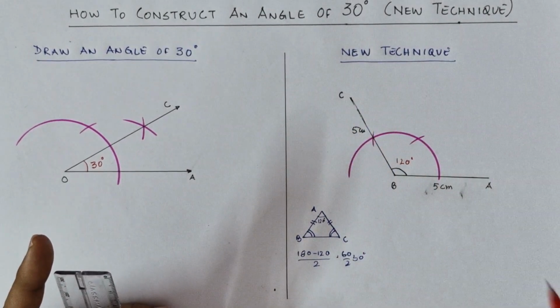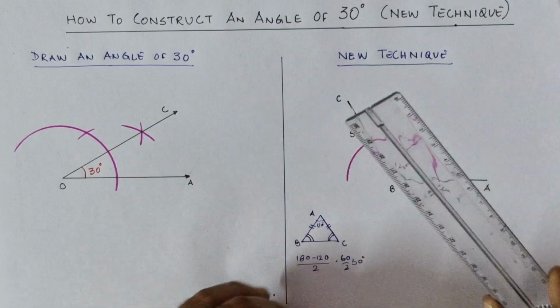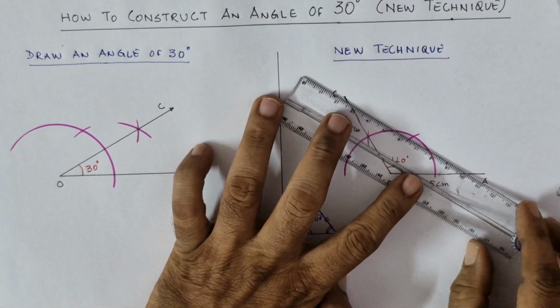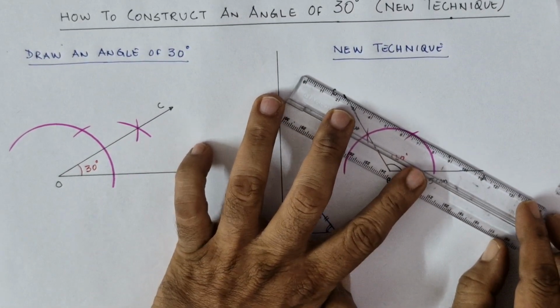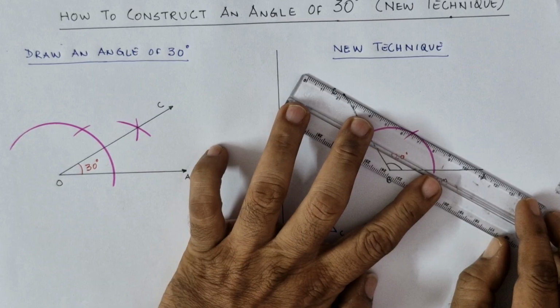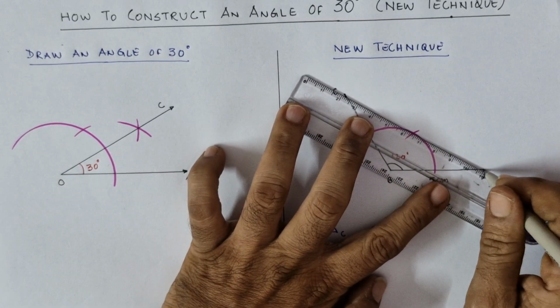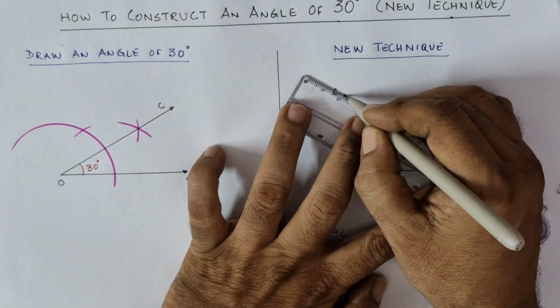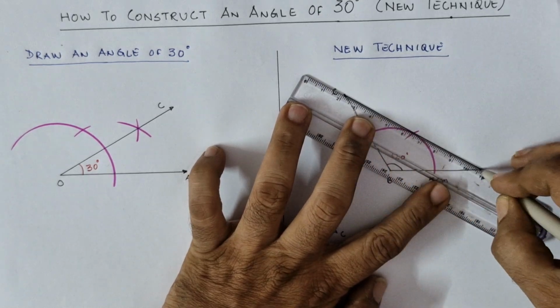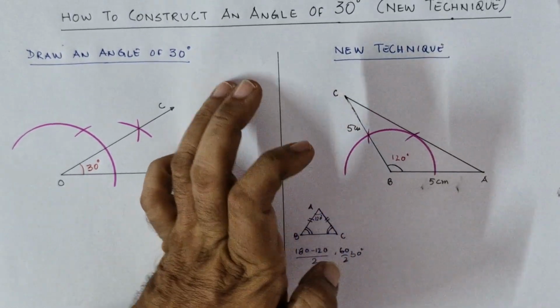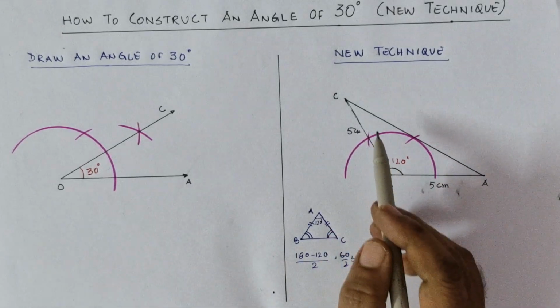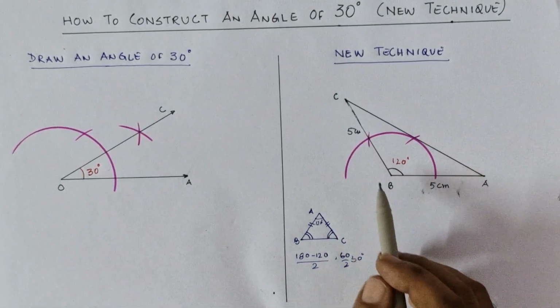Now if I join C and A, what will happen? See, this will be a triangle. So we'll join this point A and C here. This one will form an isosceles triangle.